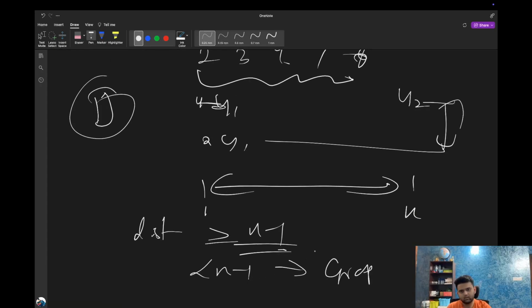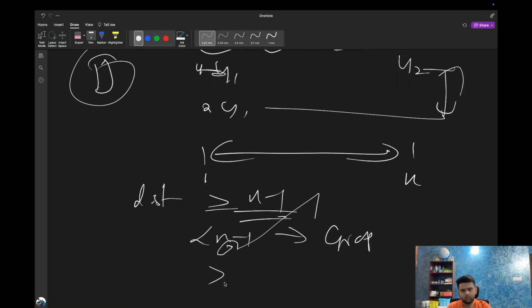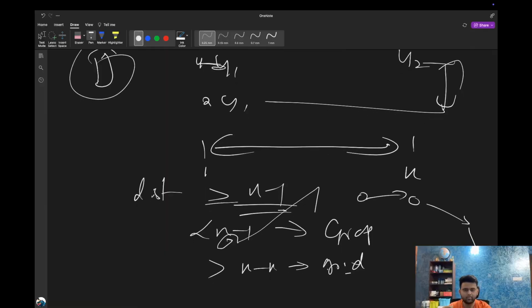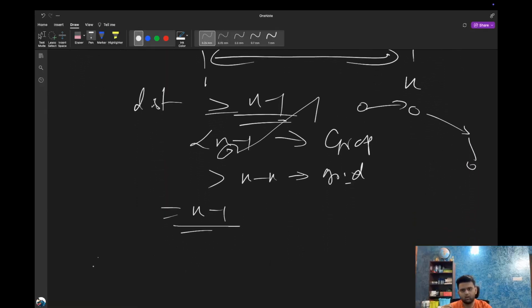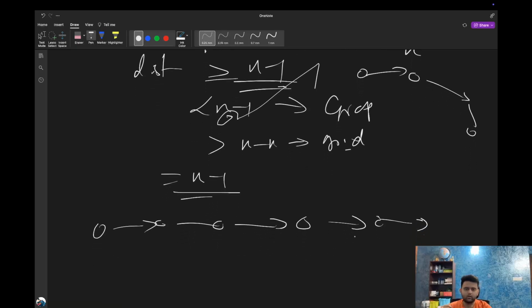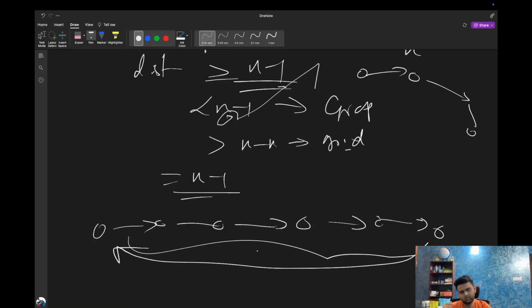If it's greater, then I know it's a grid, because a graph can't have a distance greater than n minus 1. And if it's equal to n minus 1, then all the edges were used to construct this path, and there might be a special edge here.